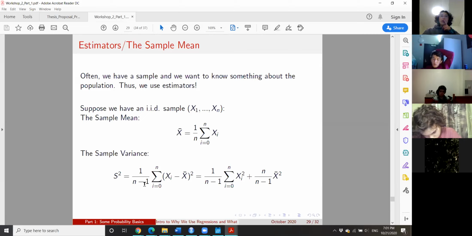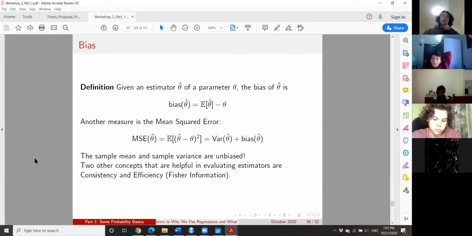There are a lot of ways to think about estimators and samples, but there are two things that are very helpful for us. First is bias. The bias is pretty intuitive, right? By the way, you can estimate other things besides the mean or variance of a population.